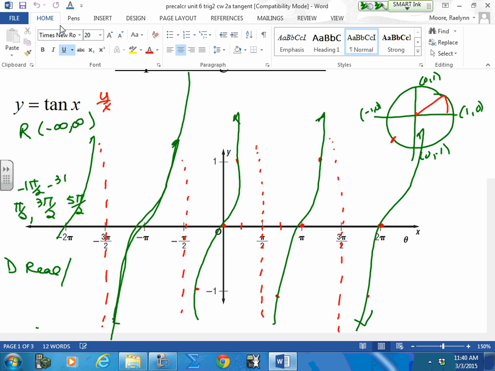Negative 3 pi over 2. Negative 5 pi over 2. So it looks like there's multiples of pi over 2. So I'm going to say except n pi over 2, where n is an odd integer.